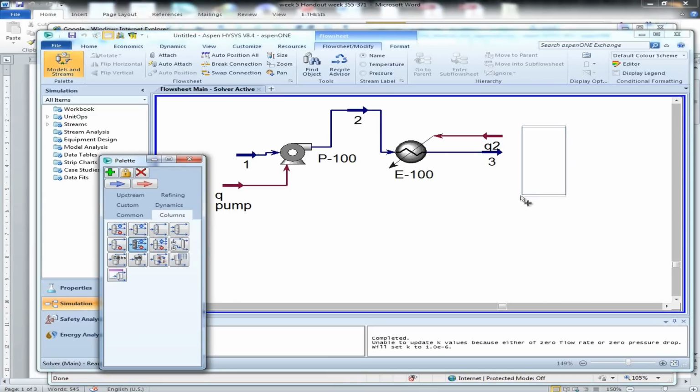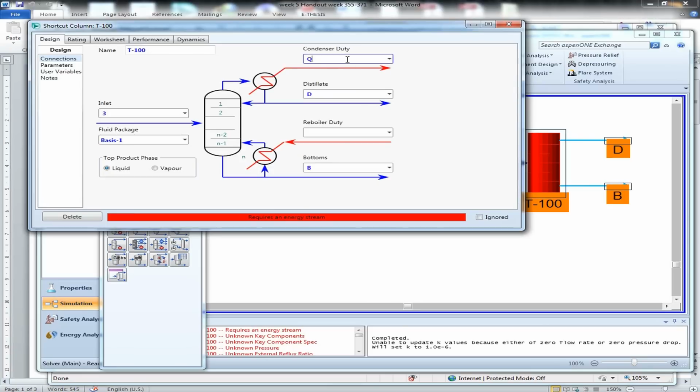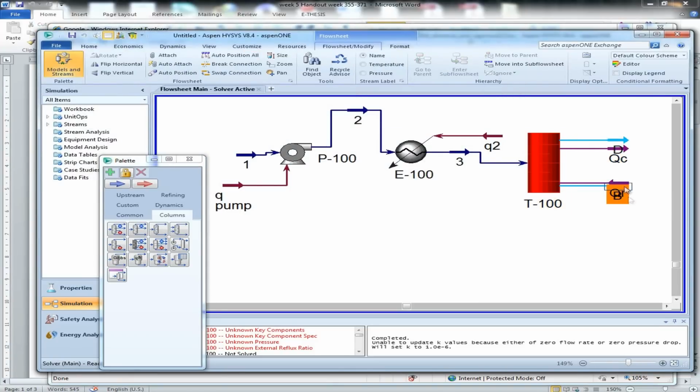So let's try a simple way first. Here, this is for D and B. QC is required to remove the heat out, and this is for the reboiler.